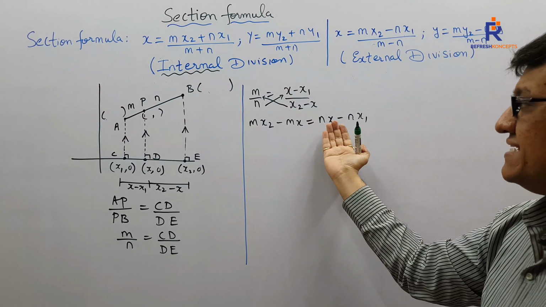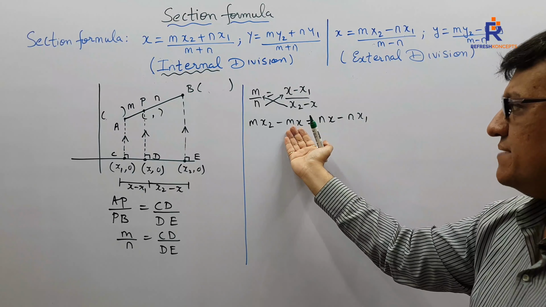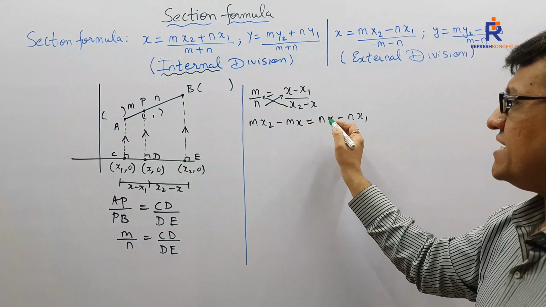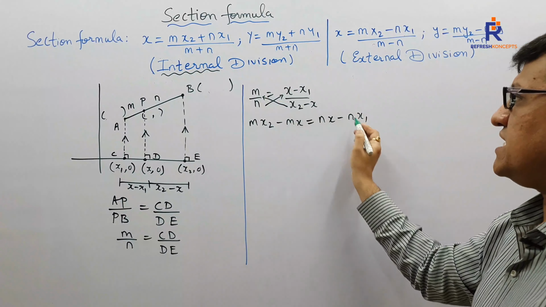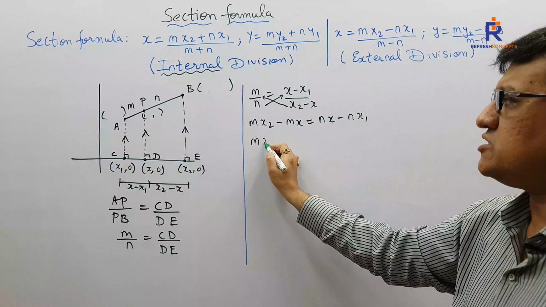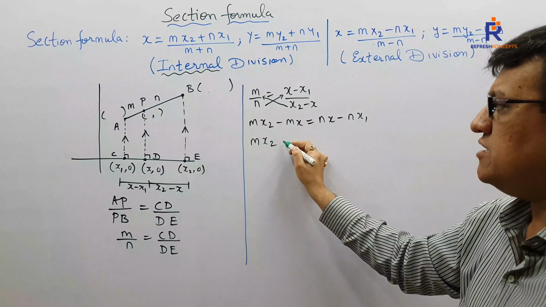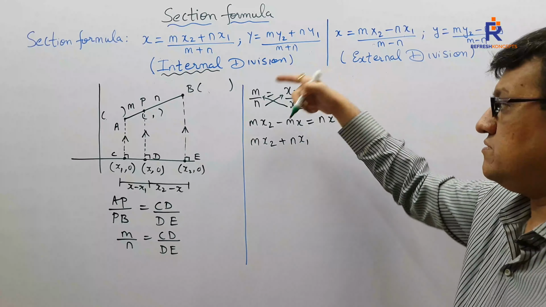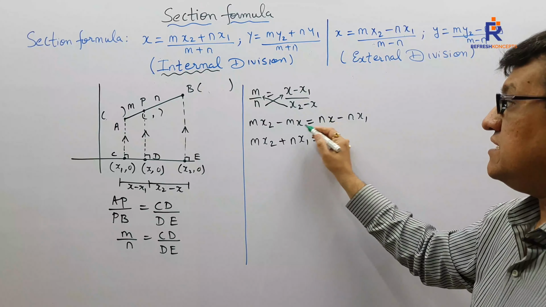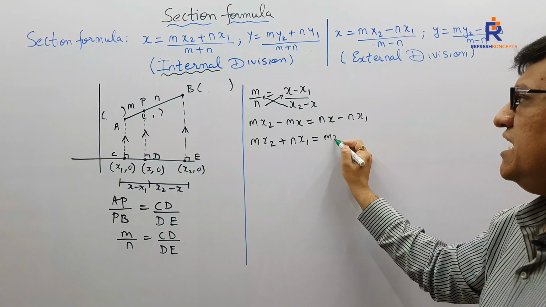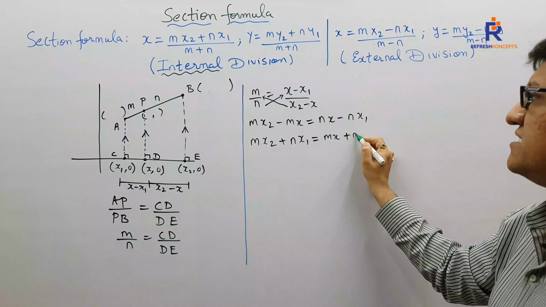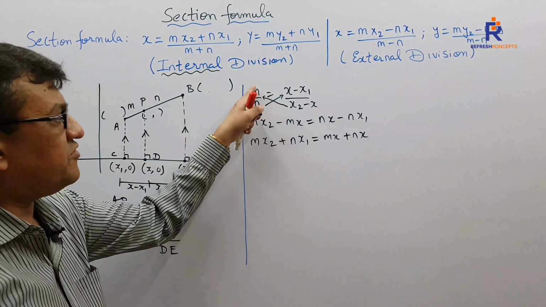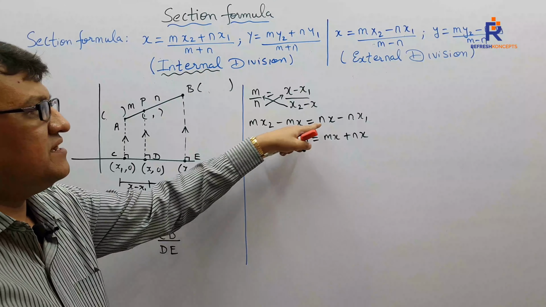Bring all the x's together. That means minus mx and nx should be together, and x1, x2 should be together. So can I say this one coming here, this one going there. So it is mx2, and minus nx1 coming over becomes plus nx1; the mx going there becomes plus nx. I hope you are getting it, children. We went for cross multiplication: mx2 minus mx equals nx minus nx1.